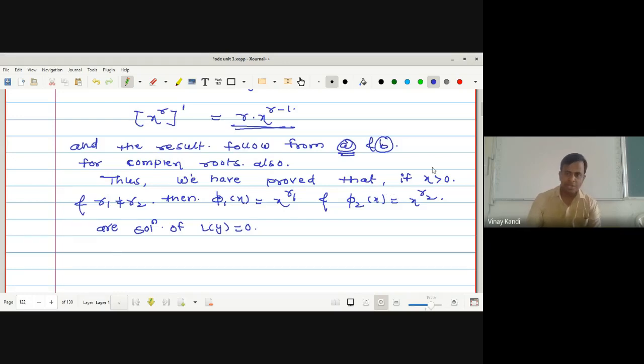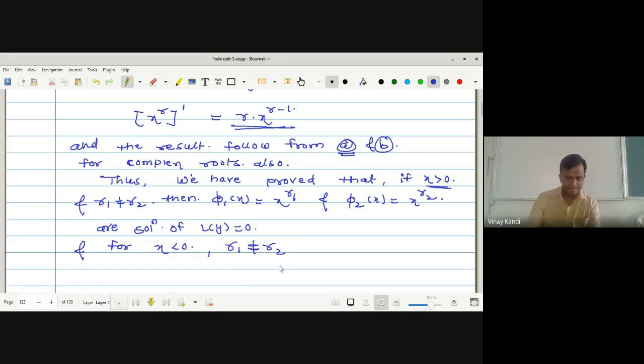Okay, आणि हा कधी x greater than 0 असताना, आता x less than 0 असताना प्रूव्ह करावा लागेल पुन्हा. ओके, and for x less than 0, r1 is not equal to r2. ओके, कॉम्प्लेक्स रूट्स, कॉम्प्लेक्स असताना r1 r2 कंपेअर करताच येणार नाही ना. नॉट इक्वल, चालतं, इक्वल नाही आहेत, डिस्टिंक्ट रूट्स आहेत. काही प्रश्न पडला का तुम्हाला इथे?